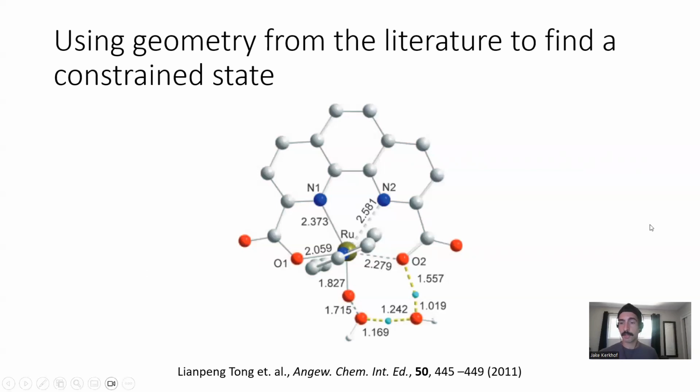So this is a water nucleophilic attack calculation performed by Lin Tong et al. And they found that their transition state geometry had this water and a second water in the active site, where the distance between the oxo-oxygen and the water was 1.715 angstroms.